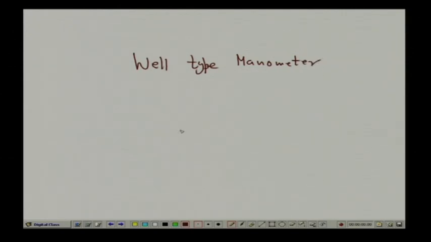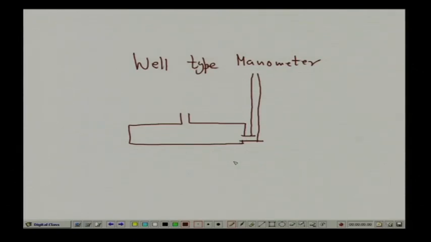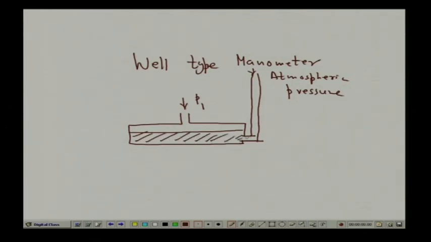Instead of a U tube, there is a well, we have manometric liquid here, and the liquids are here, and the pressure P 1 is applied while this side is open to atmospheric pressure. So, the manometric liquid is going up here, suppose this is the height.